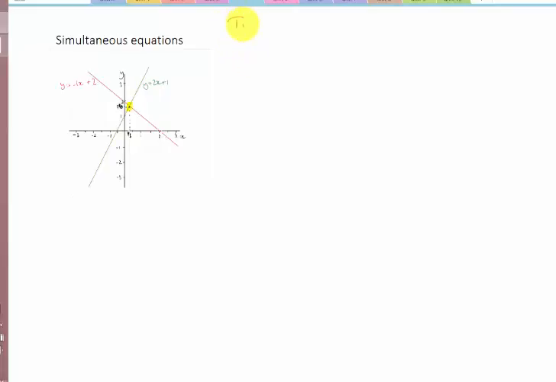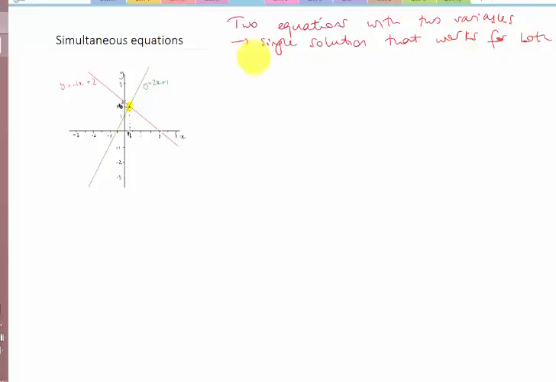If we've got two equations with two variables, which is our case here, that means there's a single solution that works for both. And that is the intersection of their lines.